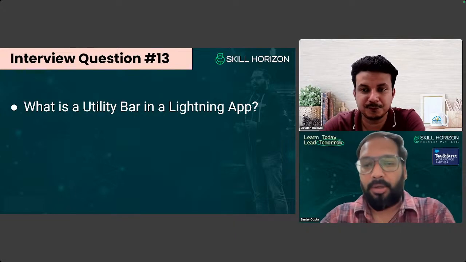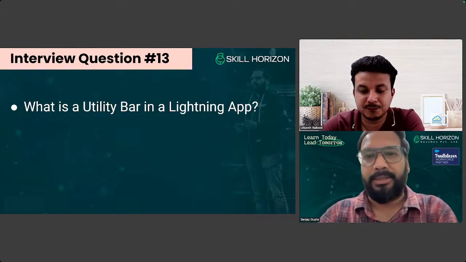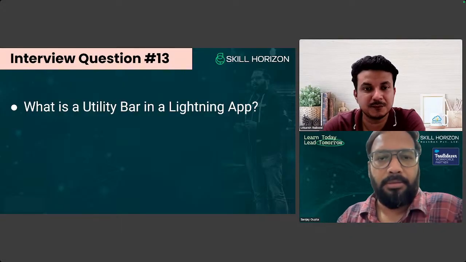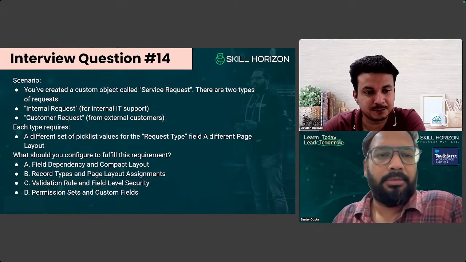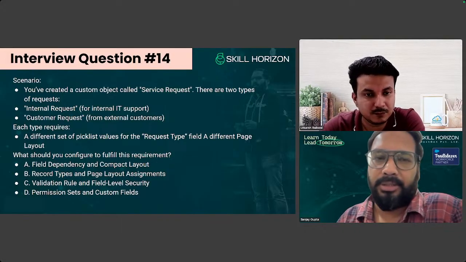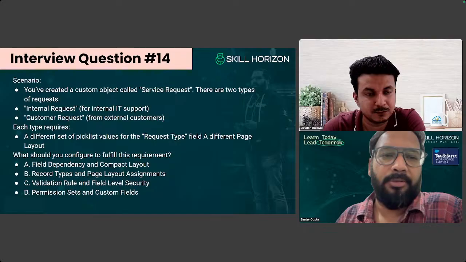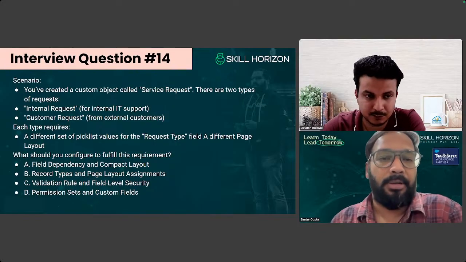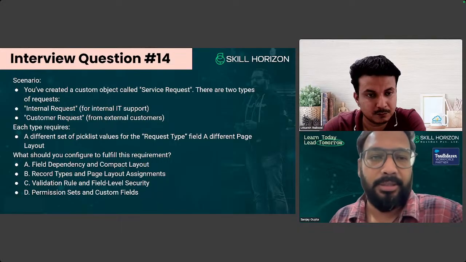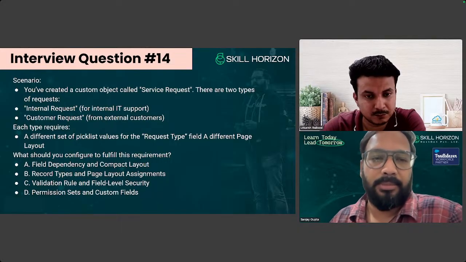Sure, sir. Okay, we have two more questions, and I think those questions are scenario based. So we can move on to the next question. So next scenario is, you have created a custom object called service request. There are two types of request: internal request for internal IT support, and customer request for external support, external customers.